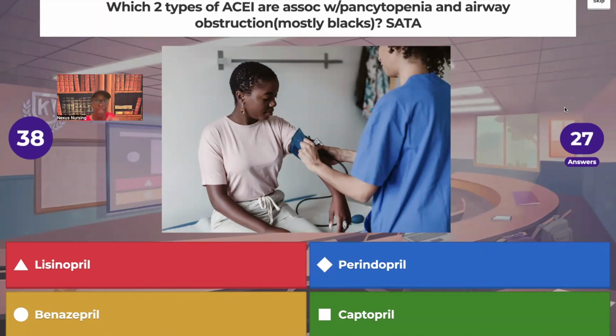Which two types of ACE inhibitors are associated with pancytopenia and airway obstruction? Is it lisinopril? Is it perindopril? Is it benazepril? Or is it captopril?